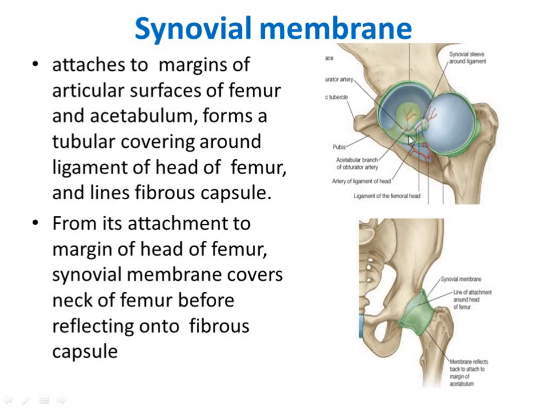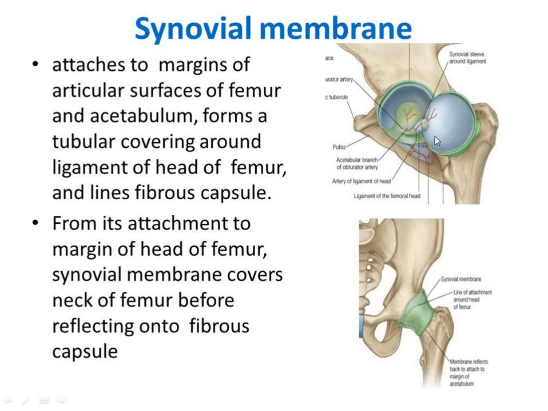So, it is basically covering the inside of the fibrous capsule, and it is attached to the margins of the articular surface of the femur, margin of the articular surface of this lunate surface of the acetabulum, and extending to this lies the fibrous capsule.